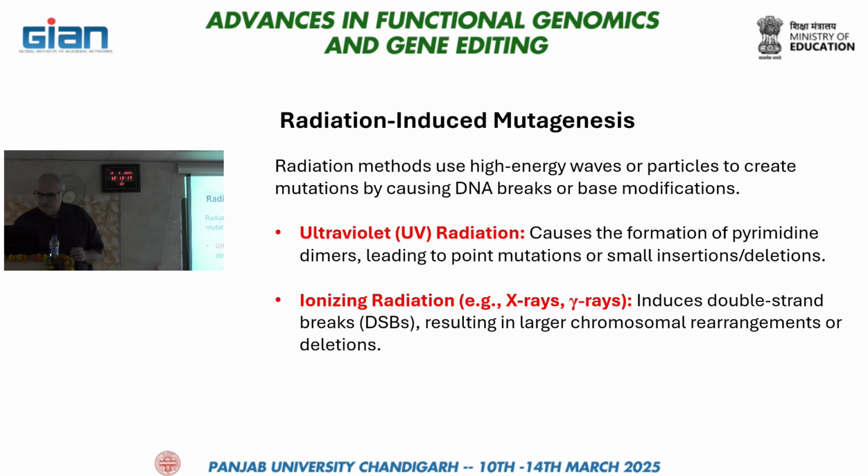The difference is that UV radiation will cause the formation of pyrimidine dimers, leading to point mutations or small insertions or deletions. If you use ionizing radiation like X-rays or gamma rays, you will induce double-strand breaks, resulting in larger chromosomal rearrangements or deletions.